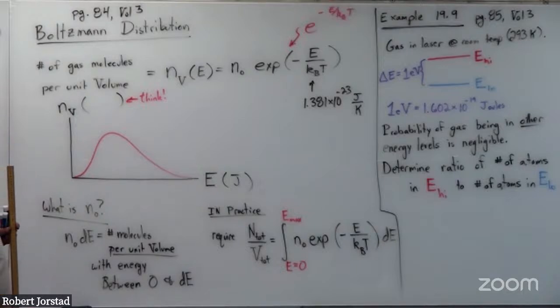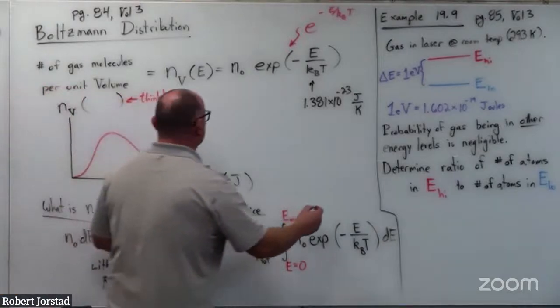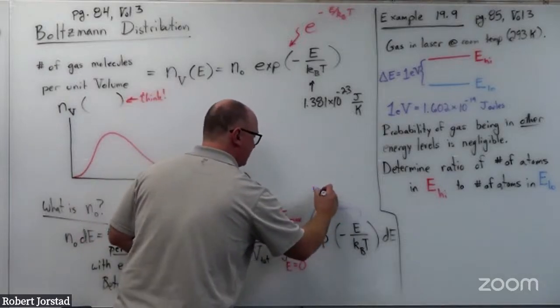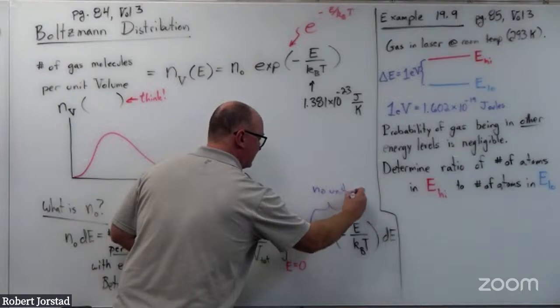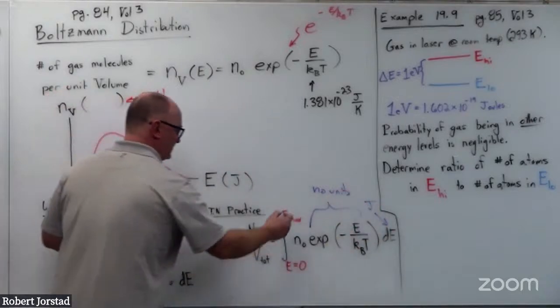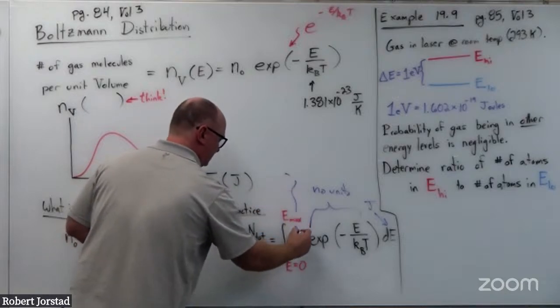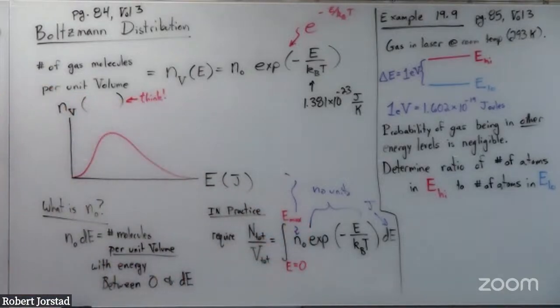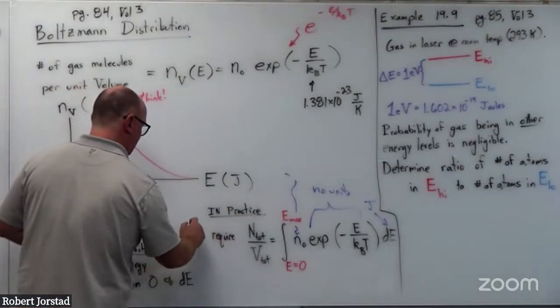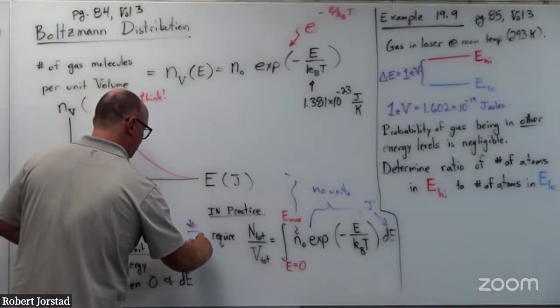So in this case, let's just look at this thing. This part has no units. This part has units of joules. And this part has some constant. And then all of this has to equal some number per meter cubed.